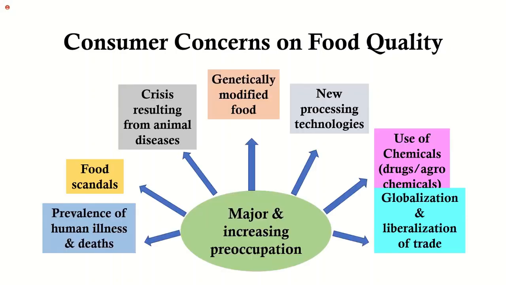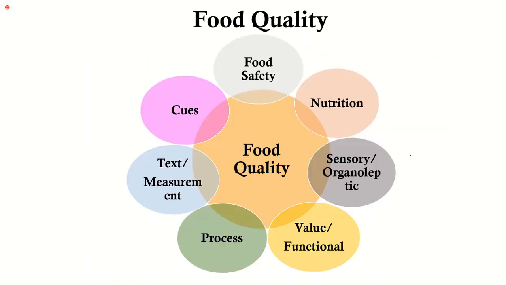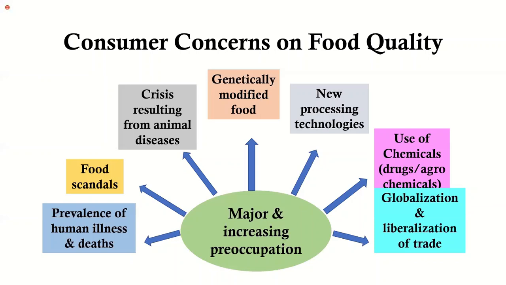Right. So from an economic point of view, we are also interested in studying food quality. Right. So what, in your mind or in your idea, what defines food quality for you? So these are some of the factors that would decide or determine the quality of a product, isn't it?